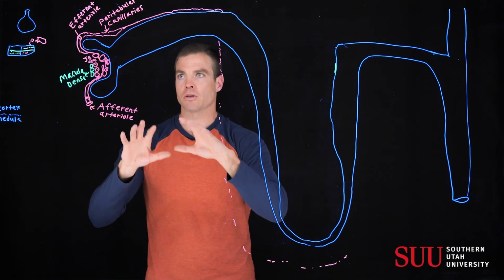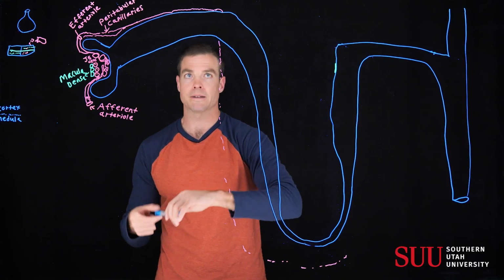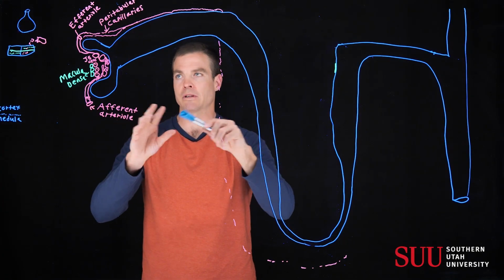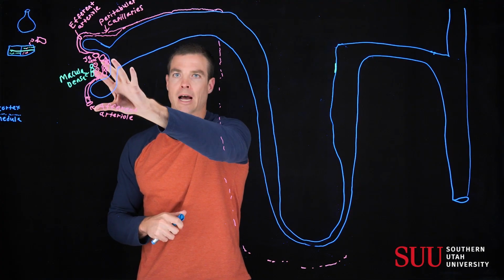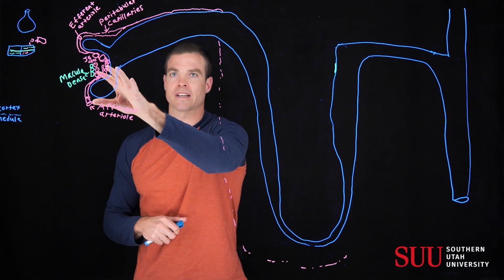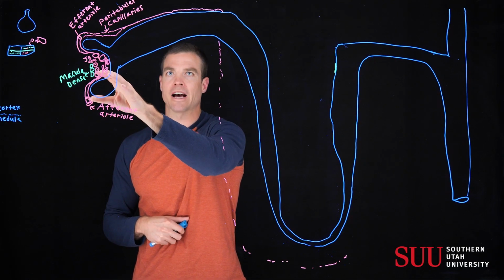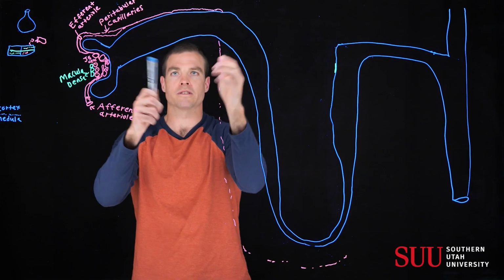All right. So now let's get into some of the anatomy a little bit, so we're oriented. Okay, so this, as I said, is the Bowman's capsule. Here, this is the glomerulus, or the juxtaglomerular apparatus. Right here is a tubule.